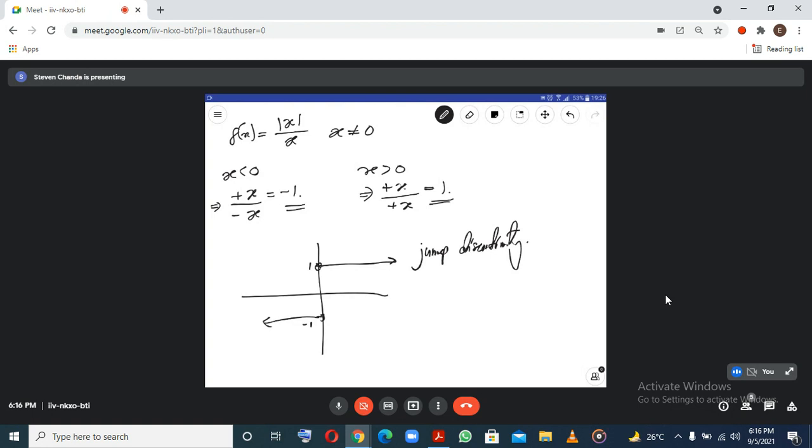Usually the jump discontinuity occurs in cases where you've got the absolute value on top as the numerator. So that's really the thing: an absolute value function, or a piecewise function as we'll look at. Okay, so again, is this removable or not? It's non-removable, isn't it? So NR, non-removable.